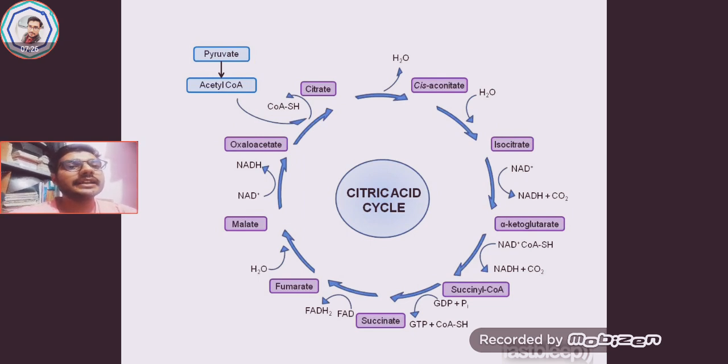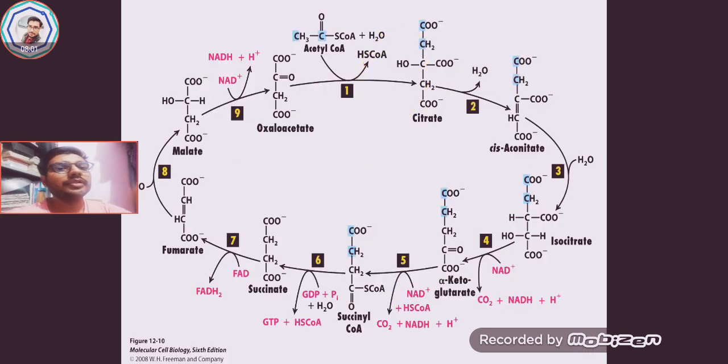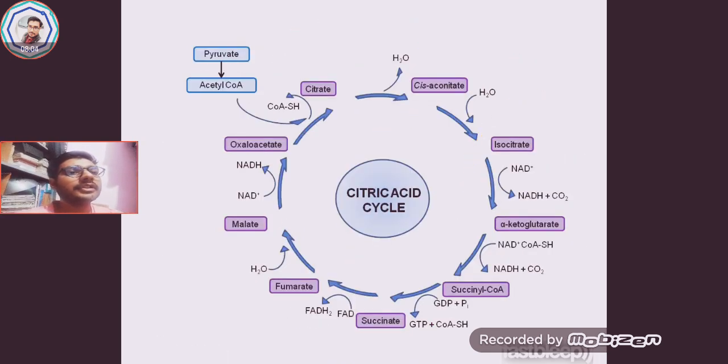So let's see the cycle. As we can see here, pyruvate gets converted into acetyl coenzyme A, which reacts with oxaloacetate to form citrate. Citrate undergoes a series of reactions to form cis-aconitate, then isocitrate, alpha ketoglutarate, succinyl coenzyme A, succinate, fumarate, malate, oxaloacetate. During the course of this pathway, one water molecule is removed, then one is accepted.